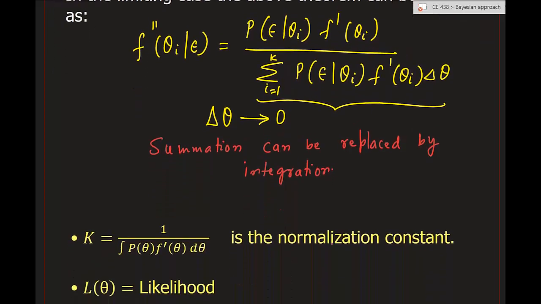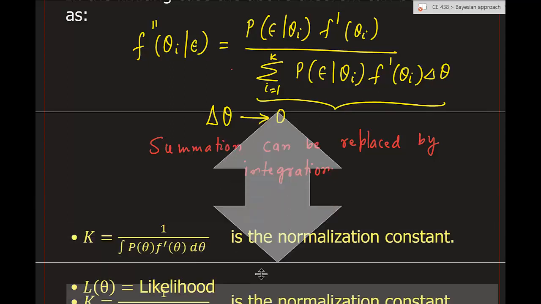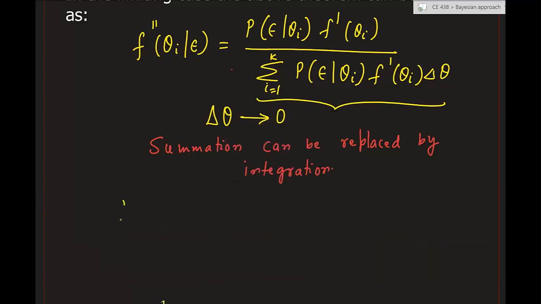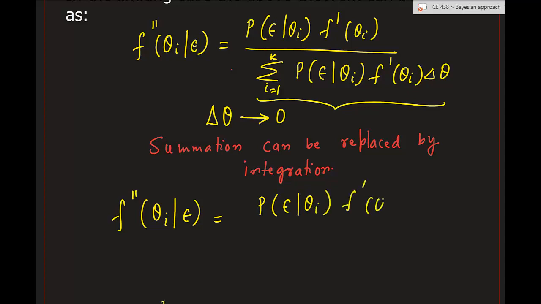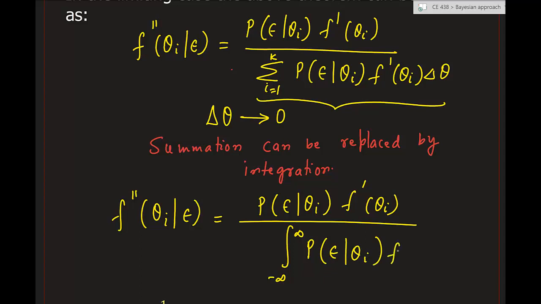So if I replace this using an integration, finally we can write my posterior distribution for the continuous case: p of epsilon given theta_i and f' of theta_i, divided by this integration, and this will go over the parameter from minus infinity to infinity, so the limit is this, of p of epsilon given theta_i times f' of theta_i, d theta.